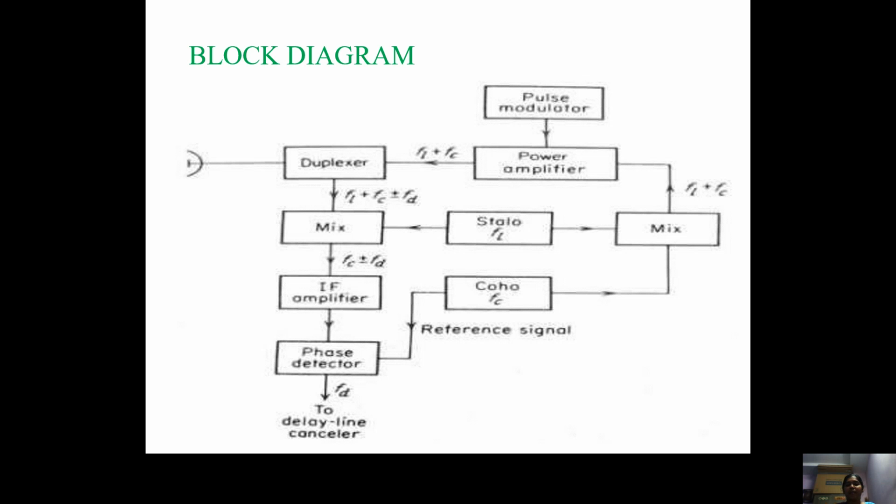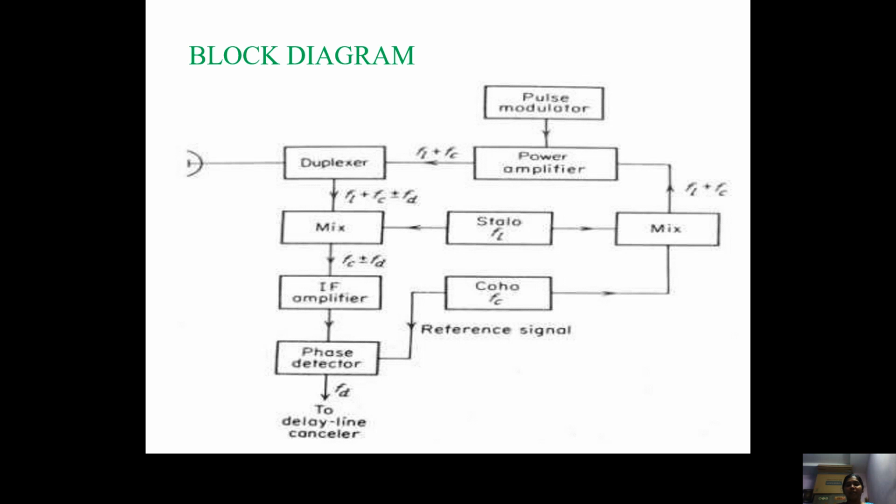Again, as we discussed earlier, there should not be any phase shift in the signal. That is why the coherent oscillator generates the reference signal with the same phase as that of the echo signal.